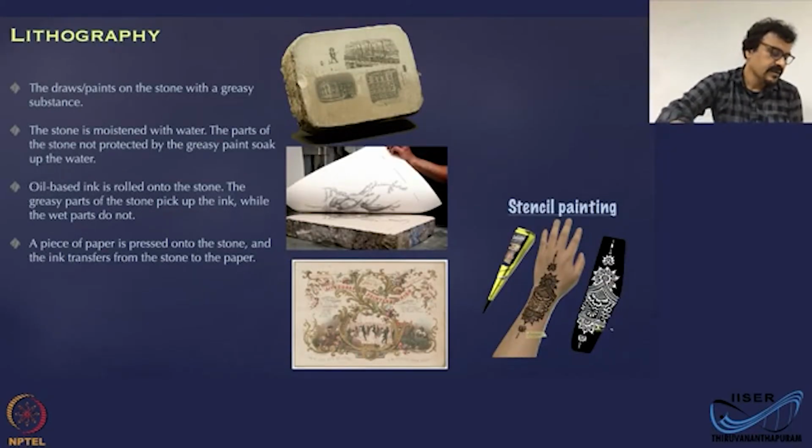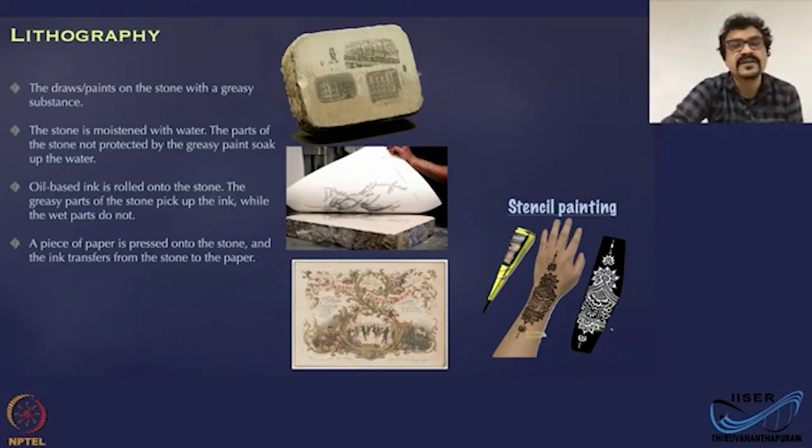The term lithography originates from an ancient printing process. What you have here is some kind of stone; litho means stone. You can draw whatever pattern you want to print using a greasy substance.